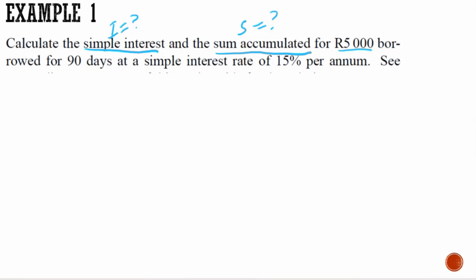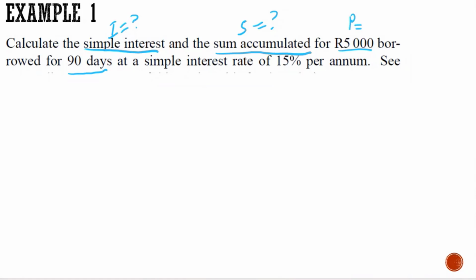As you are reading this, English can be problematic at times, but as you are reading this story, you can see that you are asked for a sum accumulated for an initial amount of 5,000. That means this becomes your principal value for an amount borrowed for 90 days.